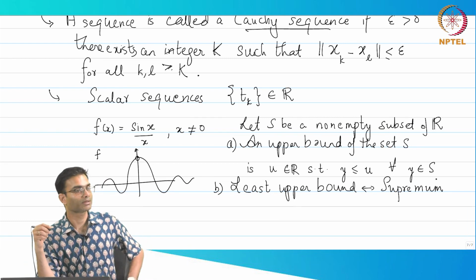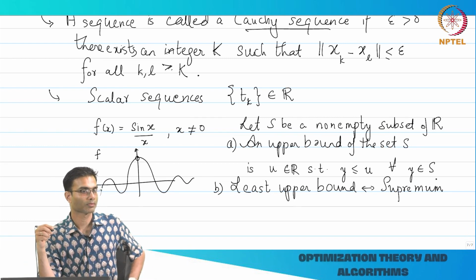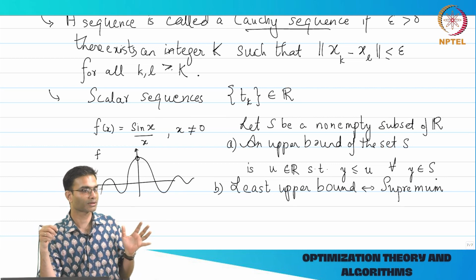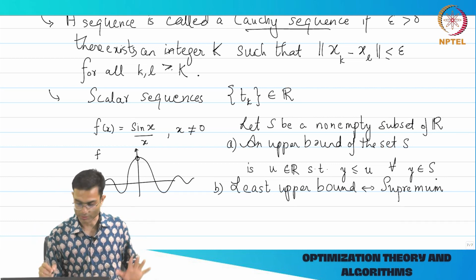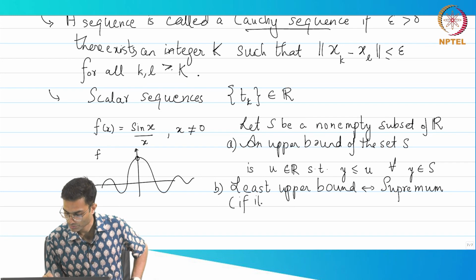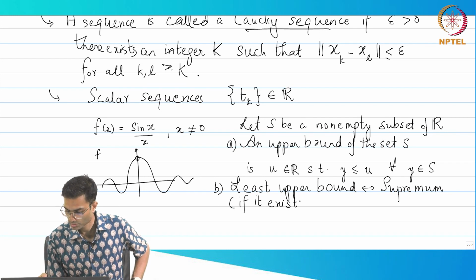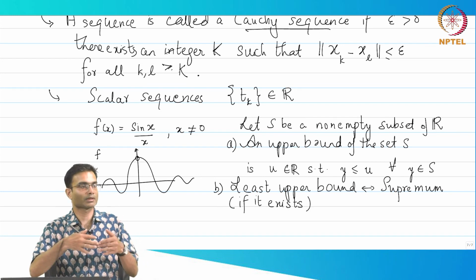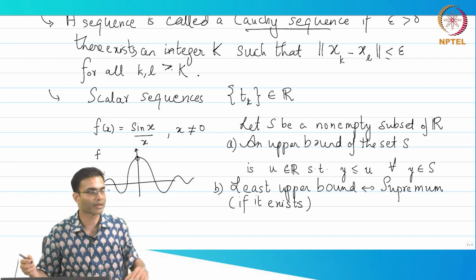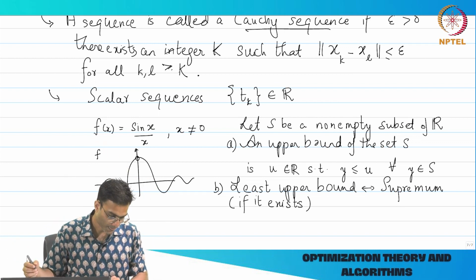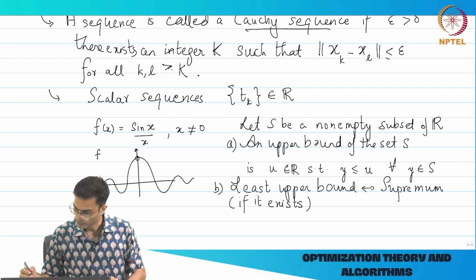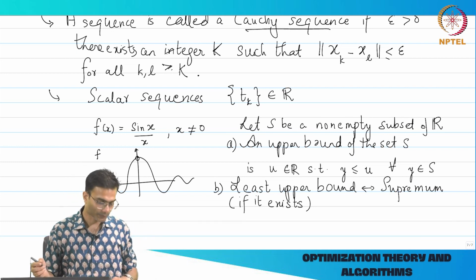Does it always exist? I mean, forget this example. Does it always exist? It may not exist in general, so we'll say if it exists. For example, if I have a set where the numbers are going to infinity, then there may not be any supremum. Right, so the supremum is simply the least upper bound.